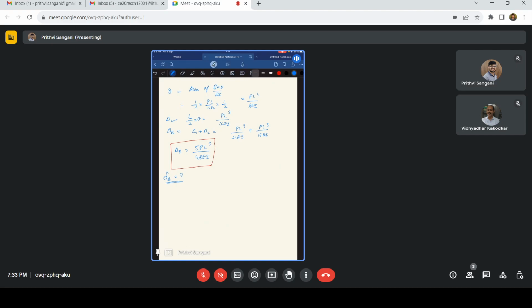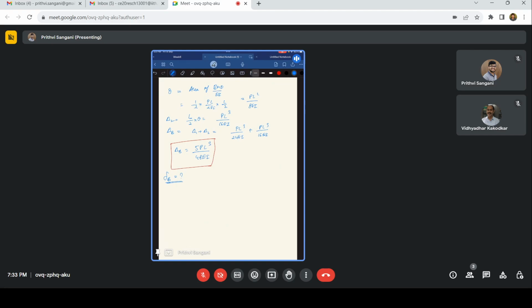So 72 into 4.5 plus 24 into 3 minus 39 times 9, that is 45. So this turns out to be 45 kilonewton meter. Let me write it. This is 45 kilonewton meter.